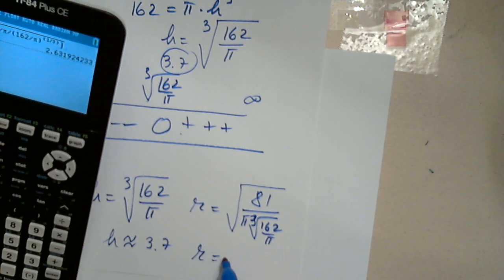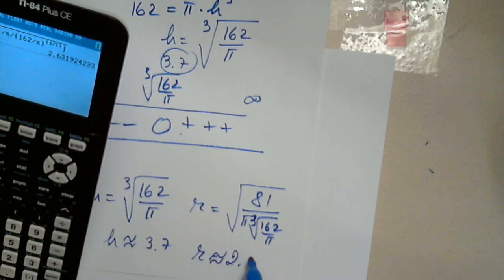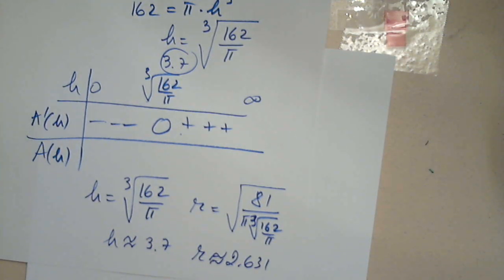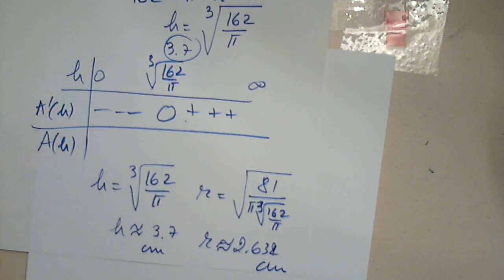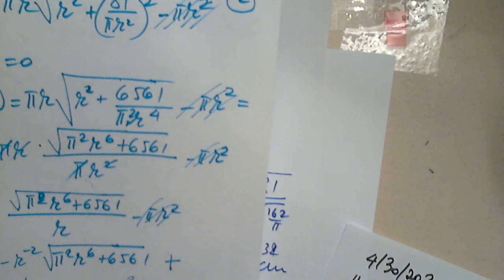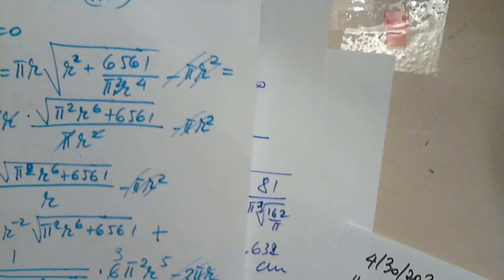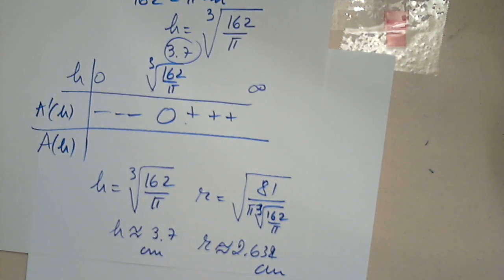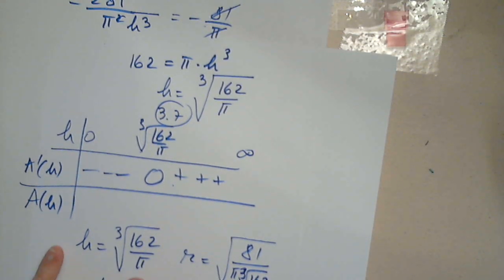So the radius is approximately 2.631, and they're all in centimeters. The idea wasn't bad, but the calculations were horrendous. So this is much easier.